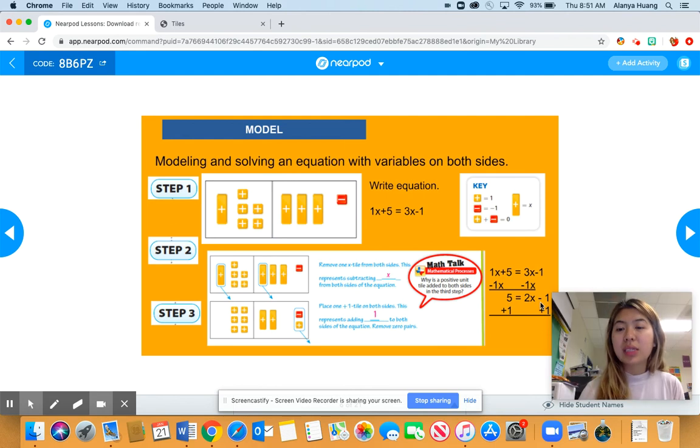In our equation, we have 5 is equal to 2x minus 1. To neutralize it, we're going to add a +1 to both sides. We added a +1 here to make that a zero pair, and then we added a +1 to this side. So now we have 6 is equal to 2x.